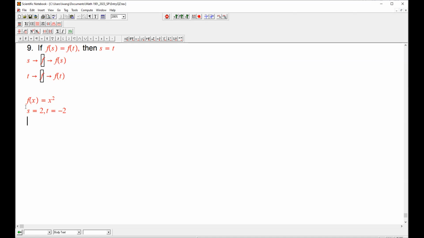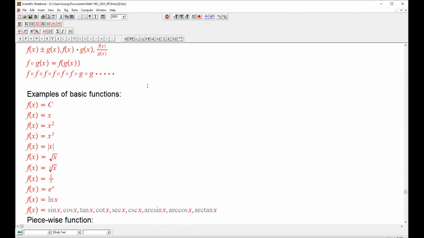So in this case, f of 2 equals 2 squared, and f of -2 equals -2 squared. Both equal 4. They have the same output. But can we say 2 equals -2? Obviously not. So this counterexample tells us this is not true.